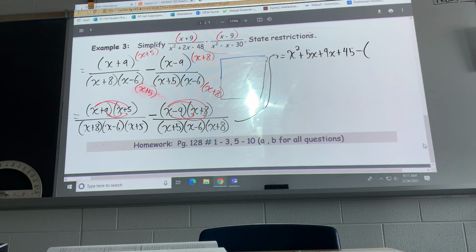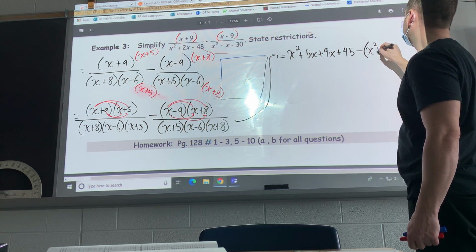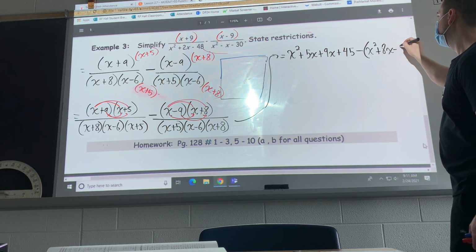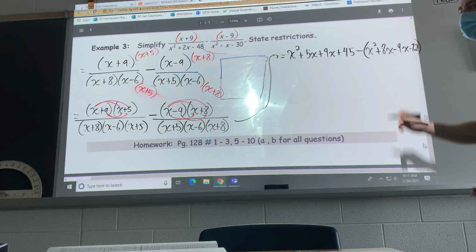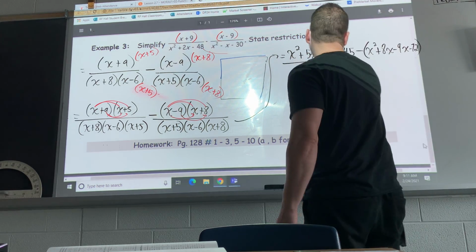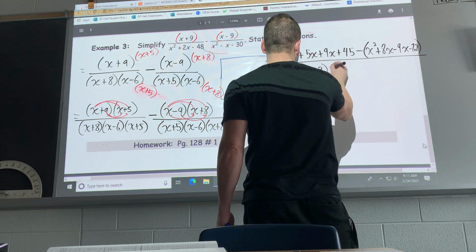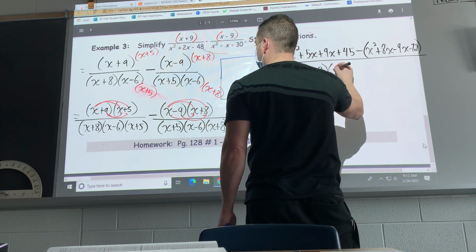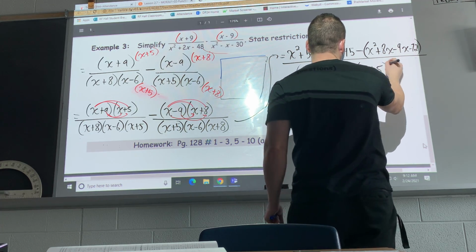Subtract x squared plus 8x minus 9x minus 72. And we write the denominator once. Doesn't matter the order in the denominator.